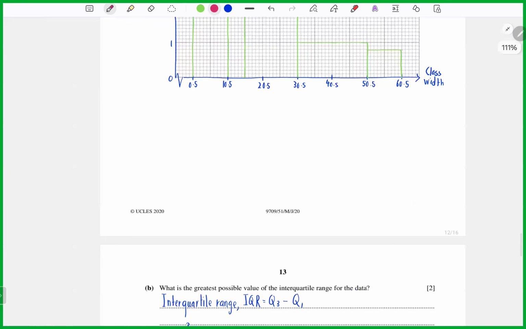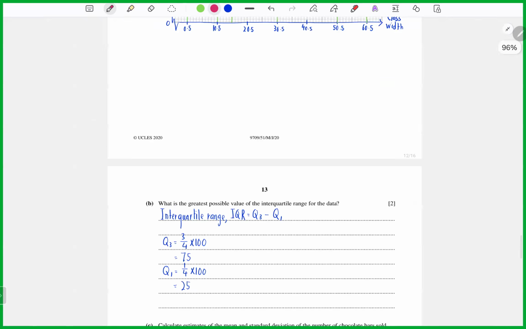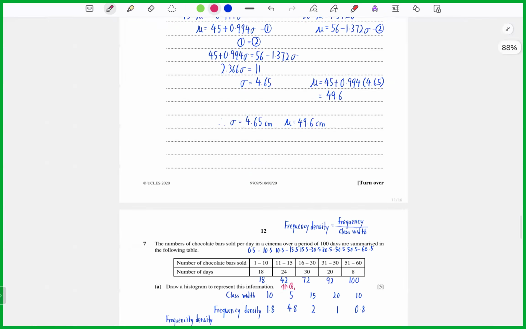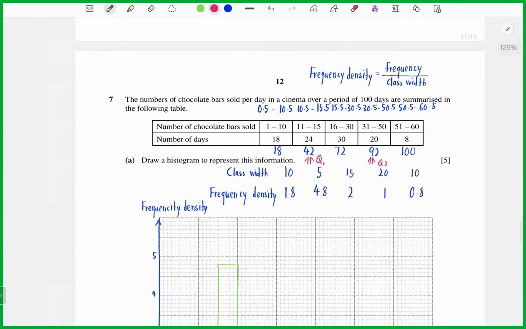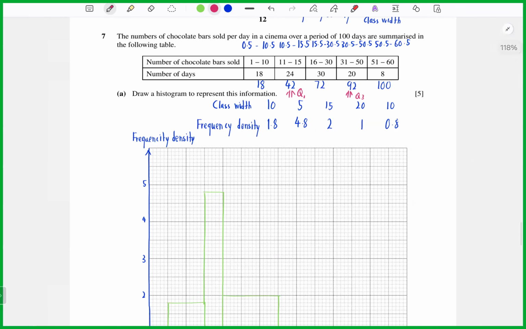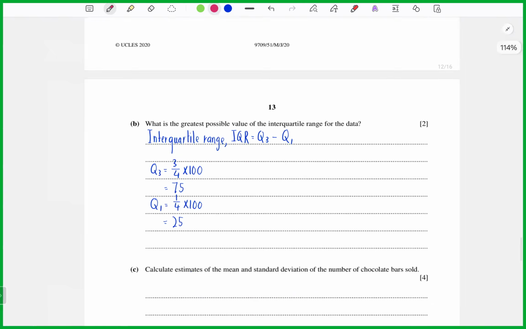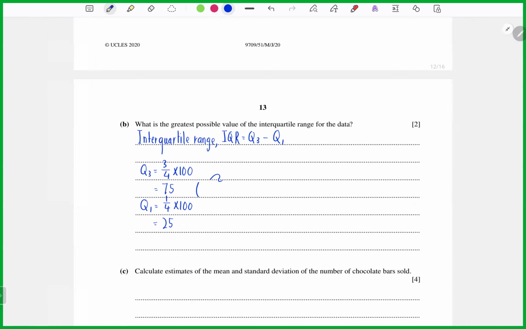And then for Q3, Q3 is 75, so it should be here. So I can write here 11 and 15.